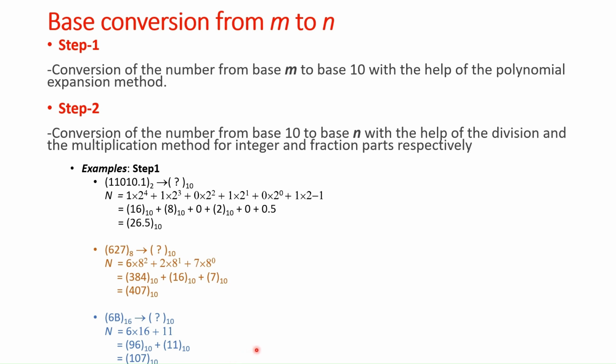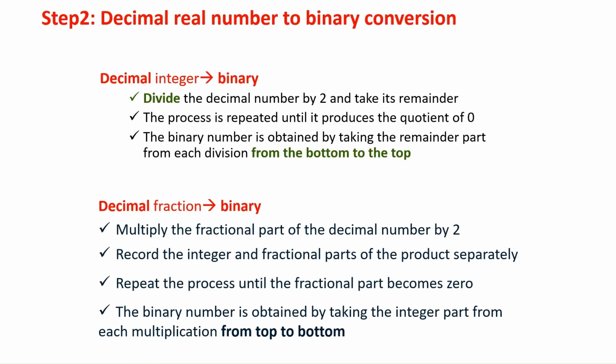Now after decimal, suppose we want to convert binary to hexa. So the intermediate step was to convert the number in decimal first. So from decimal, how to convert the number to binary, we are going to see.